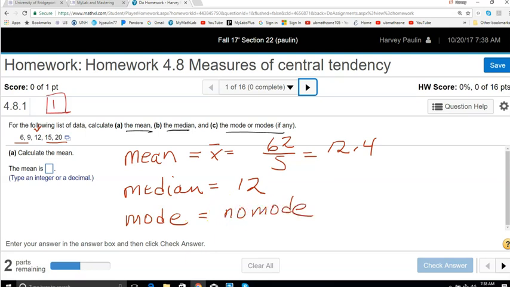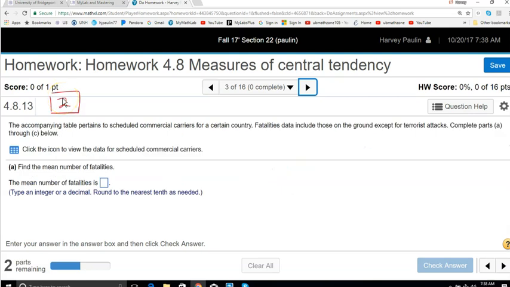Okay, let's go on. Now for number 2, we are asked to click on this icon to get the schedule of commercial carriers and the data which we're not able to view. So I'll just generate something that would be similar.